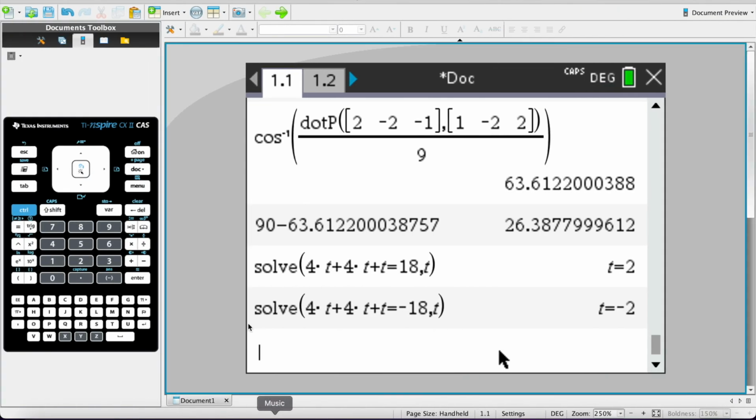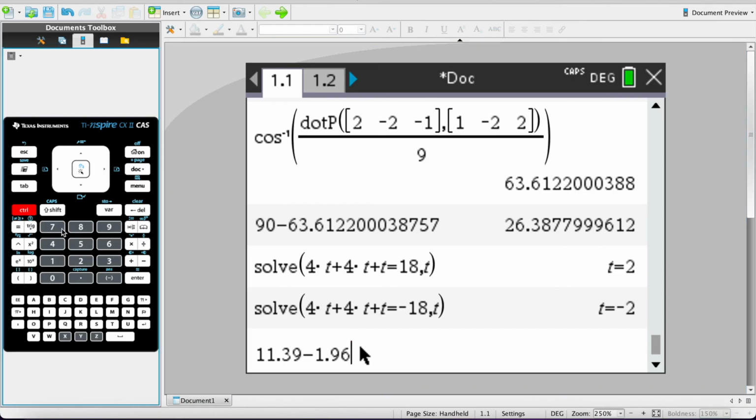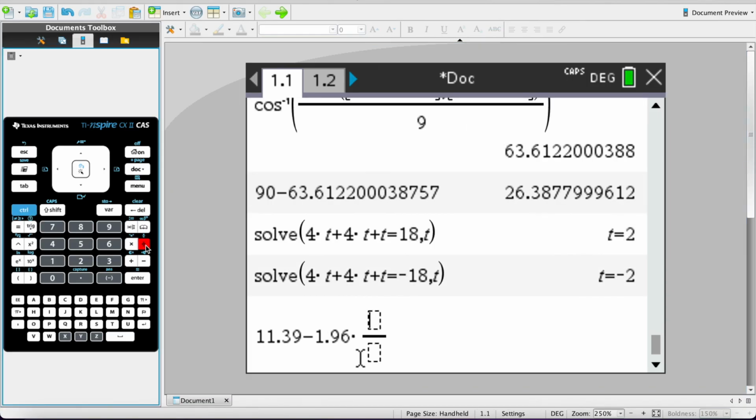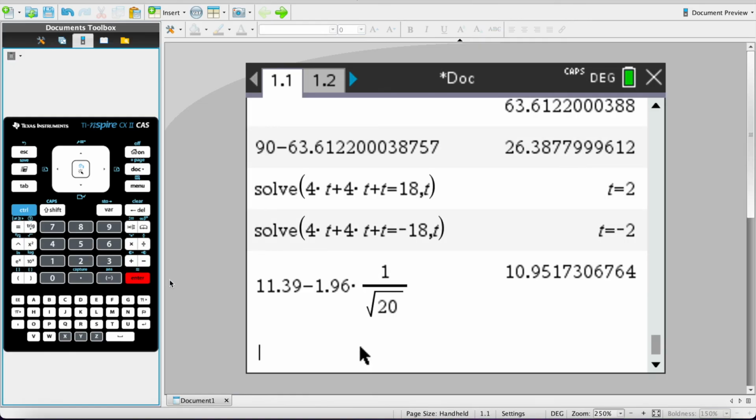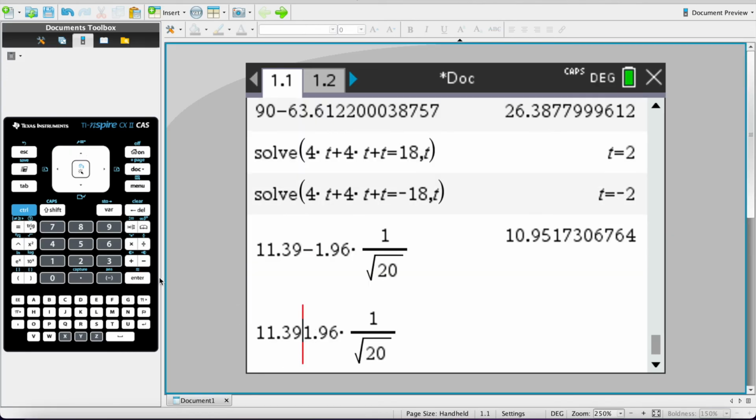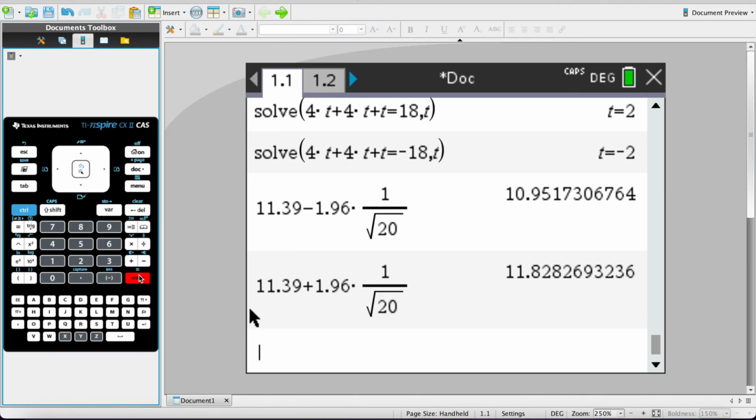The sample mean was 11.39 minus 1.96 times 1 on square root 20. Now that's your lower bound, which is 10.95. And then for your upper bound, just enter that down and put a plus there. And that's 11.83.